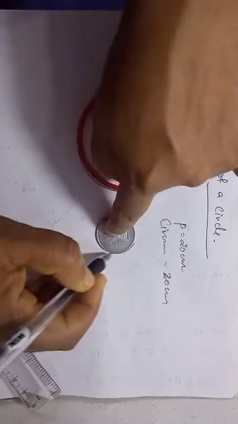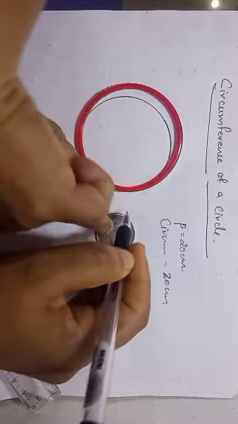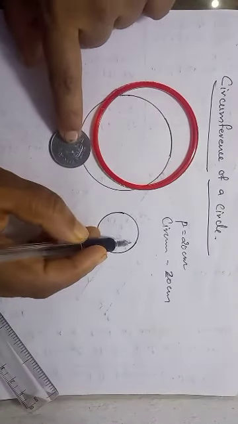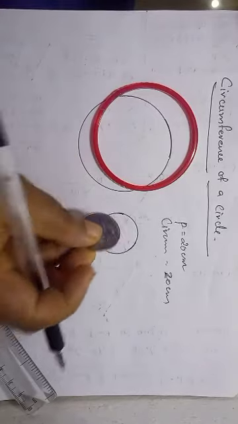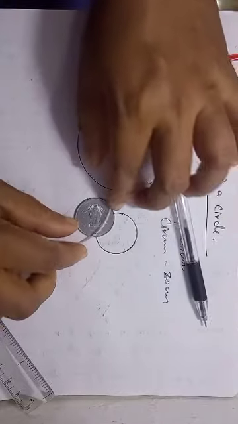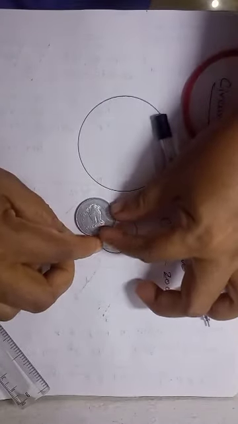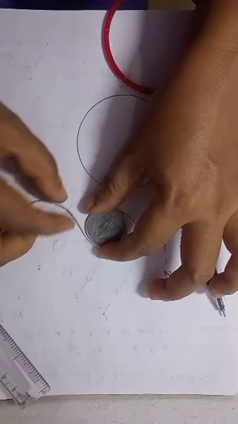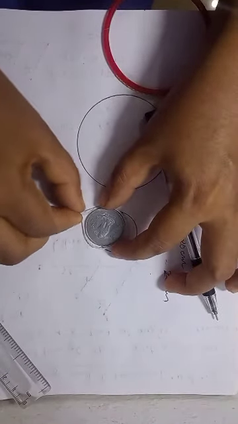Here, when we draw a coin, the distance around the coin, this much distance, we can call the perimeter of this coin, or the circumference of the coin. We can measure the length like this around this closed coin, this much length.